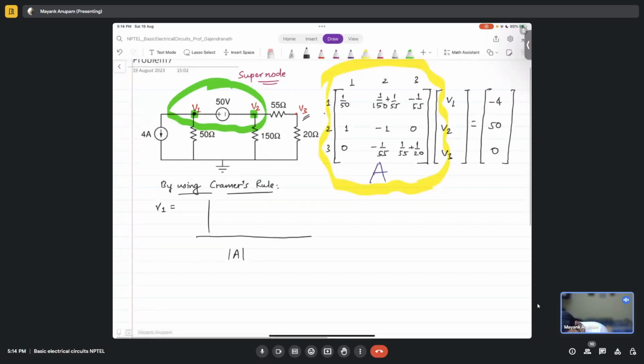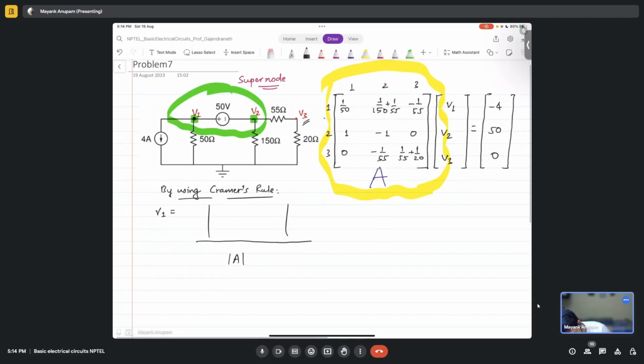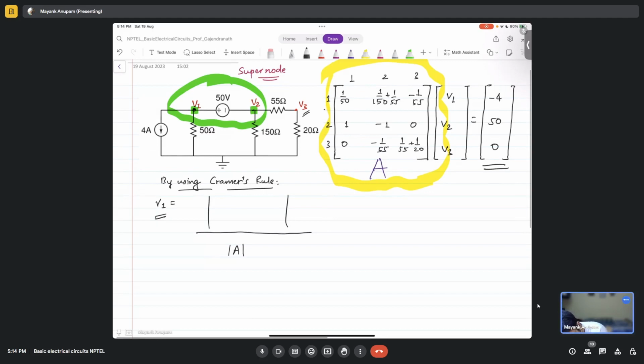And here what will I have? The determinant of what? Since I want to find V1, the first column I'll have to replace with minus 450 and 0. And this will be 1 over 50 plus 1 over 55. This will be minus 1 by 55. This will be minus 1.